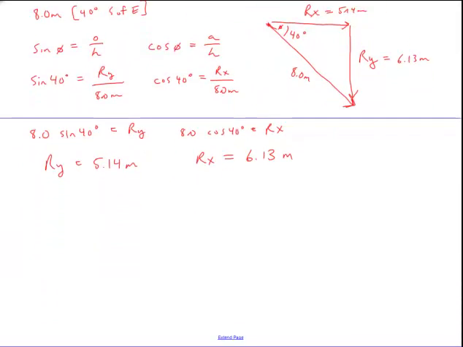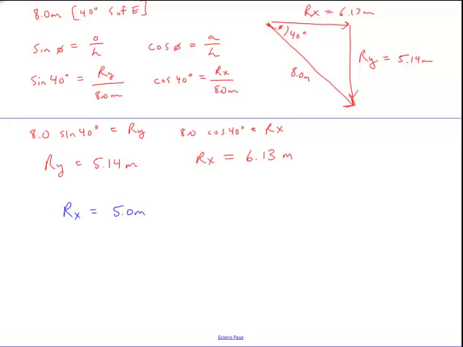So let's redraw it using what we know. In the x direction, we go 5 meters east, and we also go 6.13 meters east. I totally labeled these wrong. Who caught that? This is 6.13 meters, 5.14 meters.